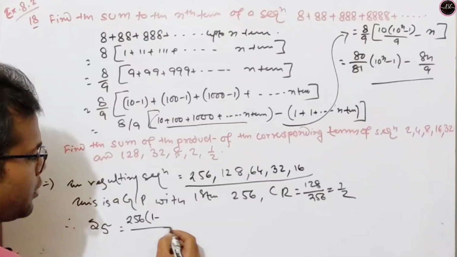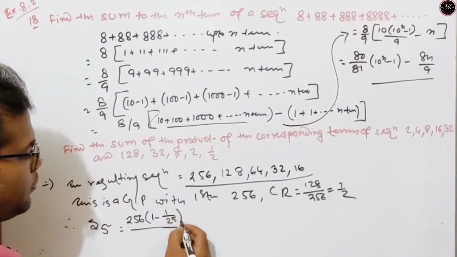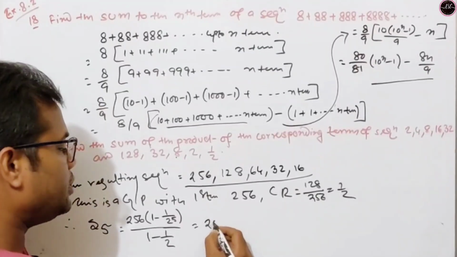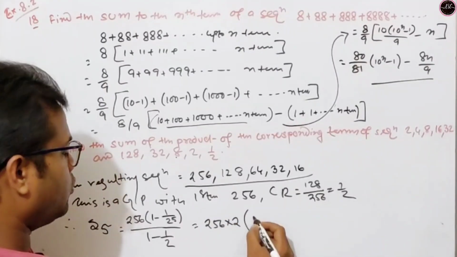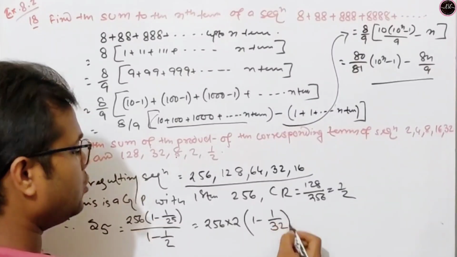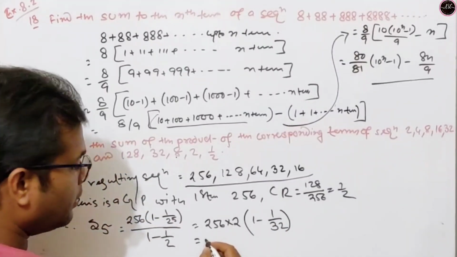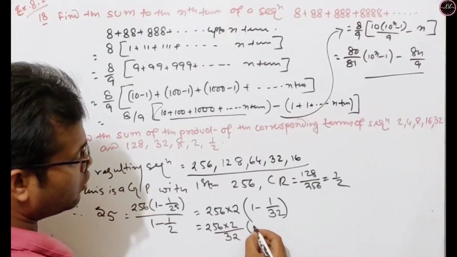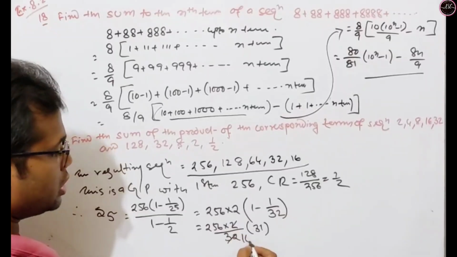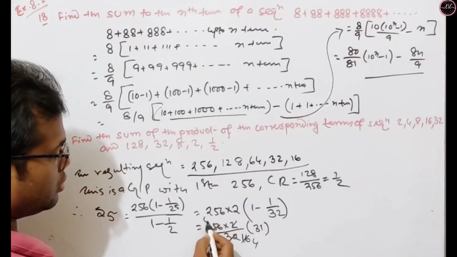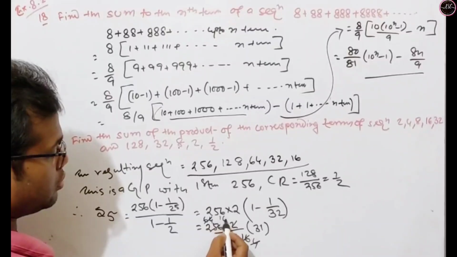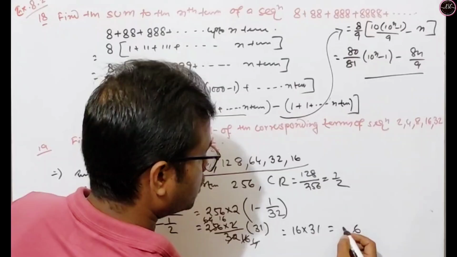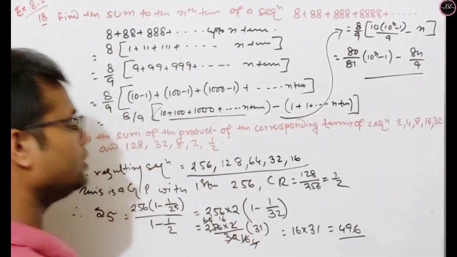So 1 minus 1 by 2 to the power 5 divided by 1 minus half. So we get 256 into 2, 1 minus 1 by 32. Okay, so we have 256 into 2 by 32 into 31. So just here 16 into 31. Okay, 496 will be your answer.